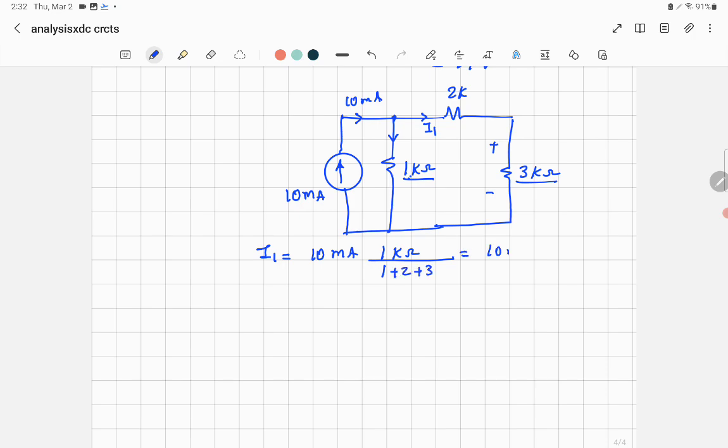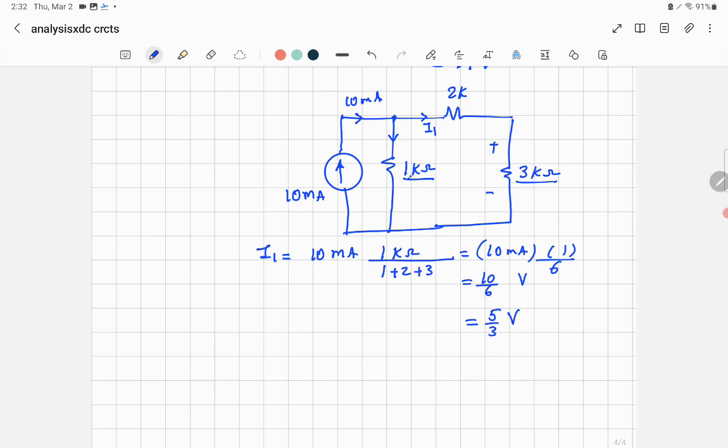That will be 10 milliamp multiplied by 1 and divided by 6, so we have 10 over 6, or 5 over 3.